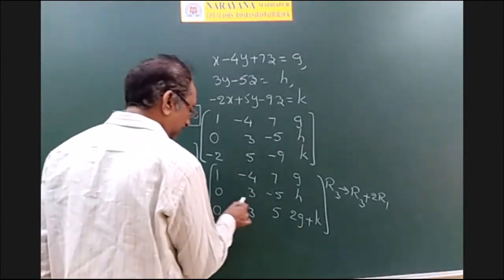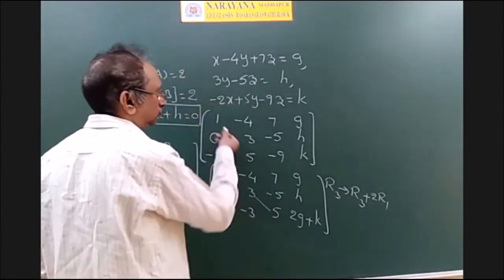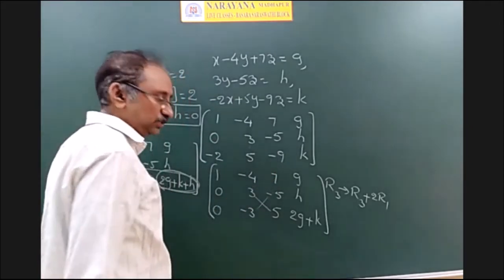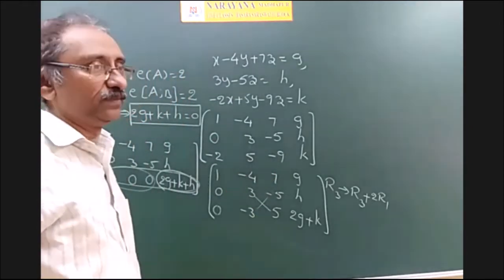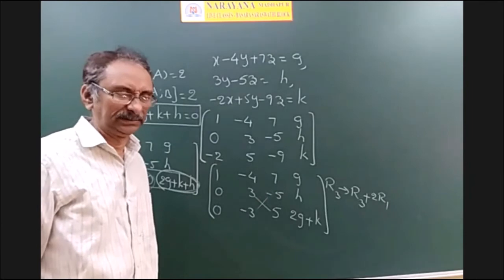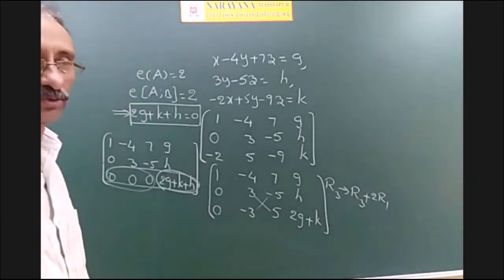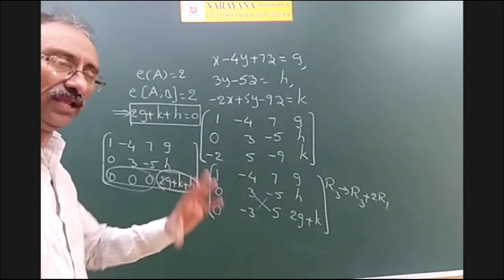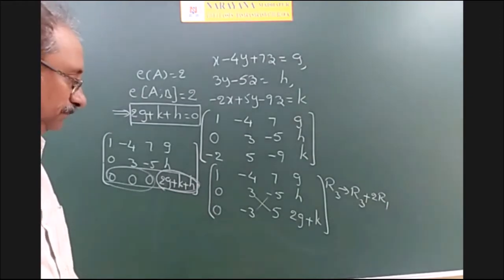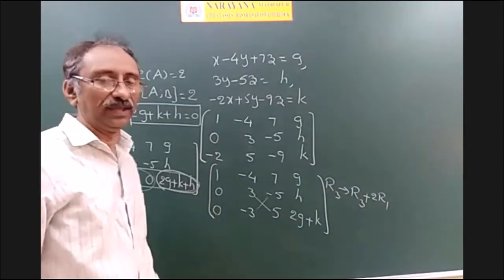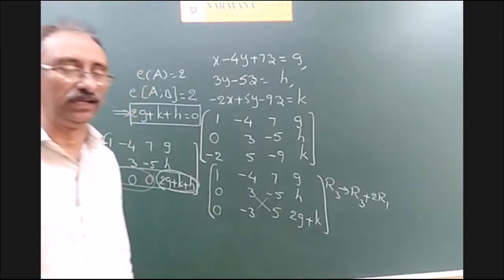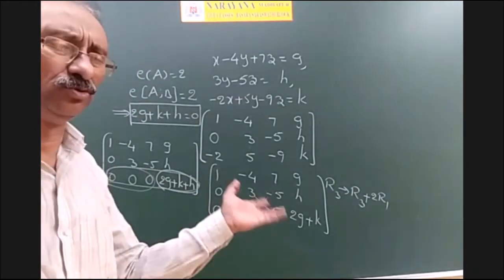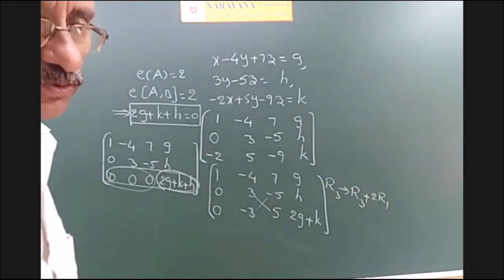If you expand this, you will get 0. So delta is 0 means no unique solution. Therefore, for infinitely many solutions, all the remaining determinants must also be equal to zero, and you have to discuss further. That is a difficult one.